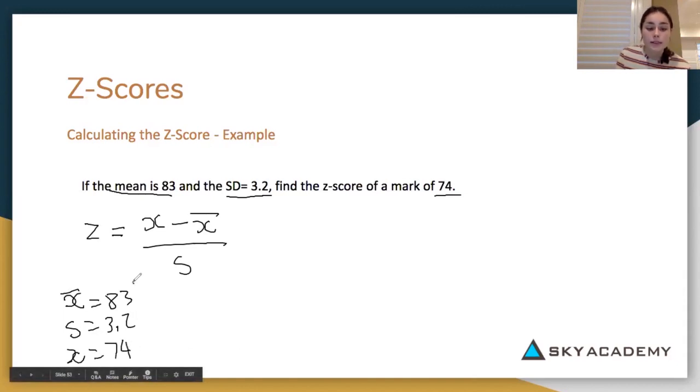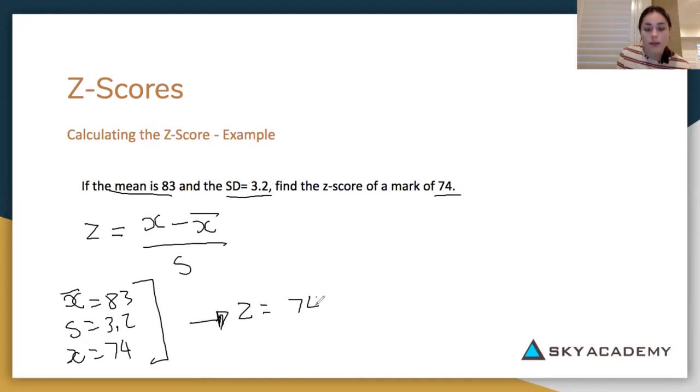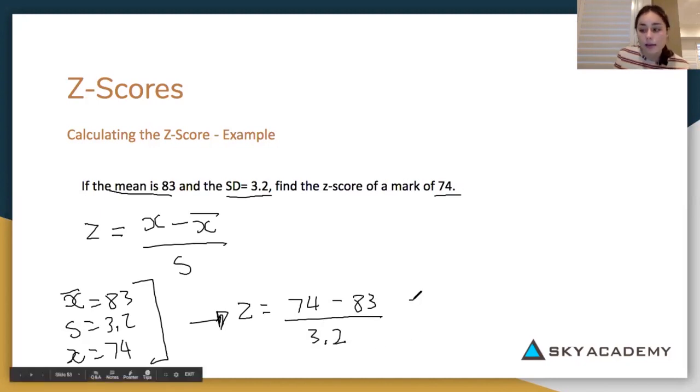Now I'm going to sub these values into my formula, where Z equals X minus 83 over 3.2. If you pop that into your calculator, you will get a Z-score of negative 2.8125.